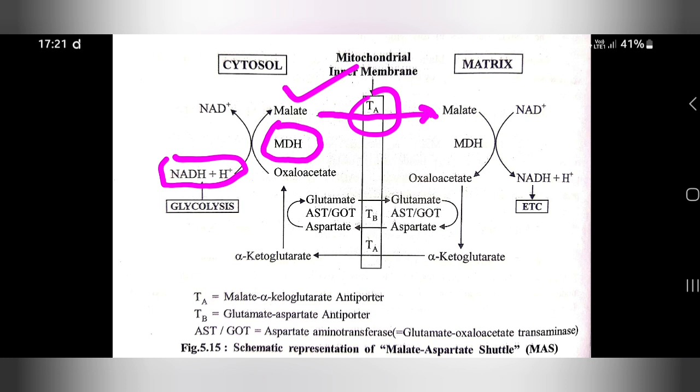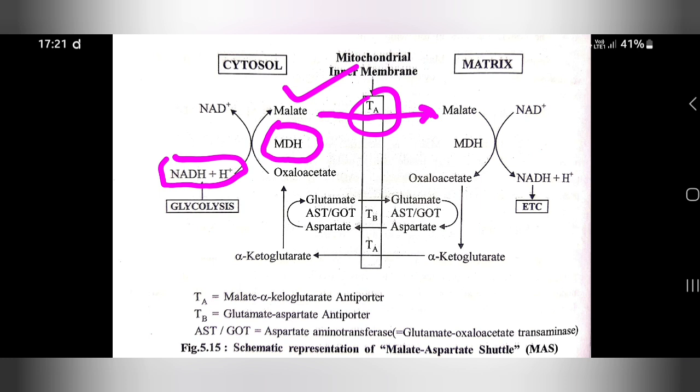Oxaloacetate inside the matrix combines with glutamate to form aspartate and alpha ketoglutarate. Okay, so it is the step 3 reaction.